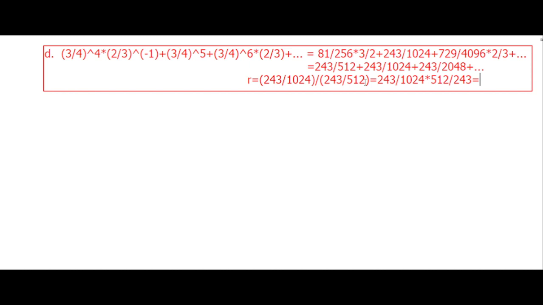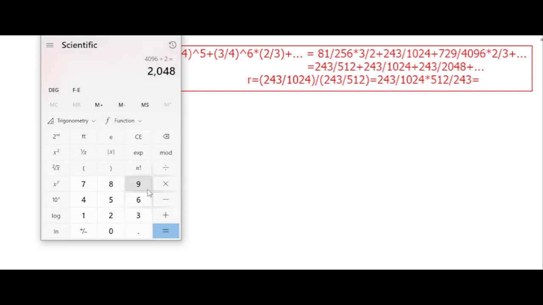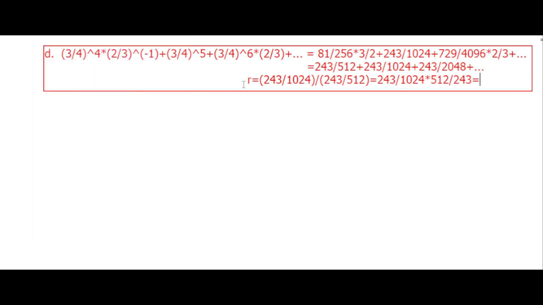The 243 cancels, leaving 512 over 1024. 1024 divided by 512 is 2, so the common ratio R is 1 over 2.